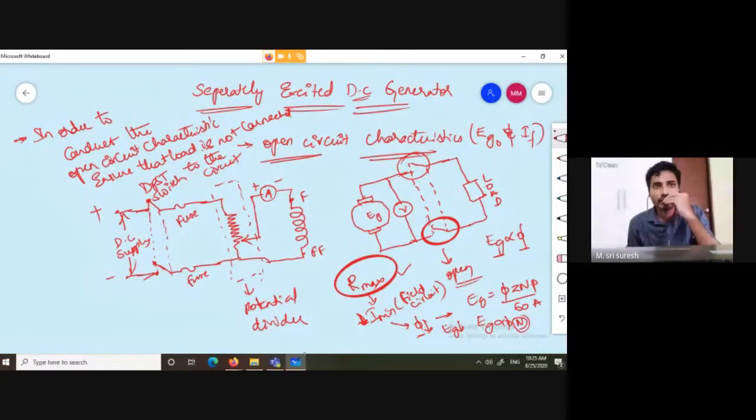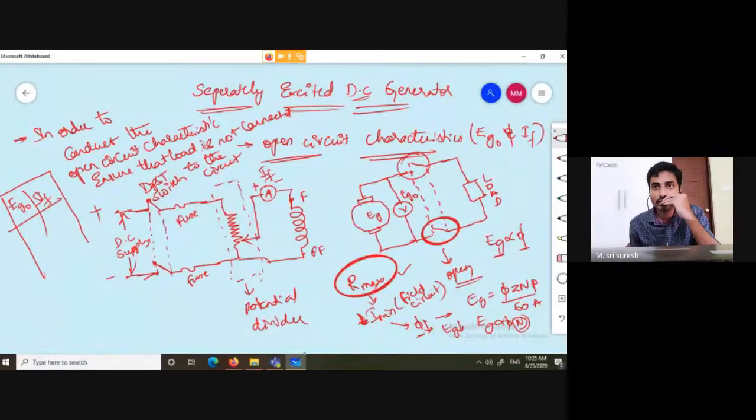Now take the tabular form for EG naught and IF. This ammeter reads the IF value and this voltmeter reads the EG naught value. At the time of starting, after closing the DPST switch on the field circuit, you should note down the corresponding readings of the ammeter and voltmeter.